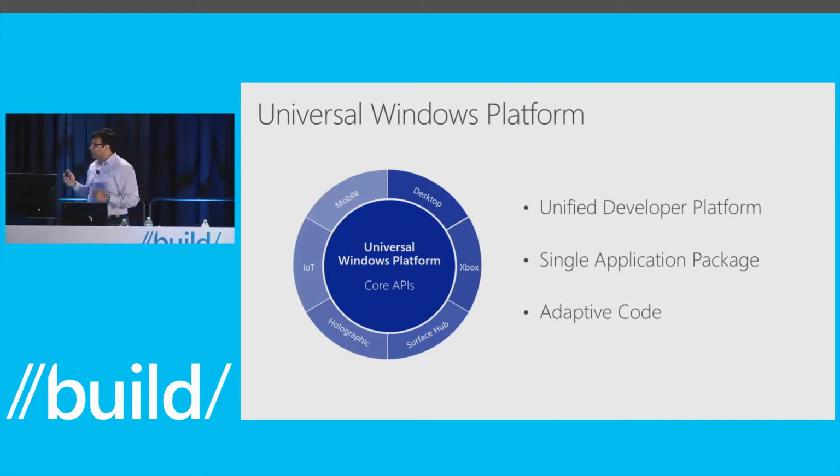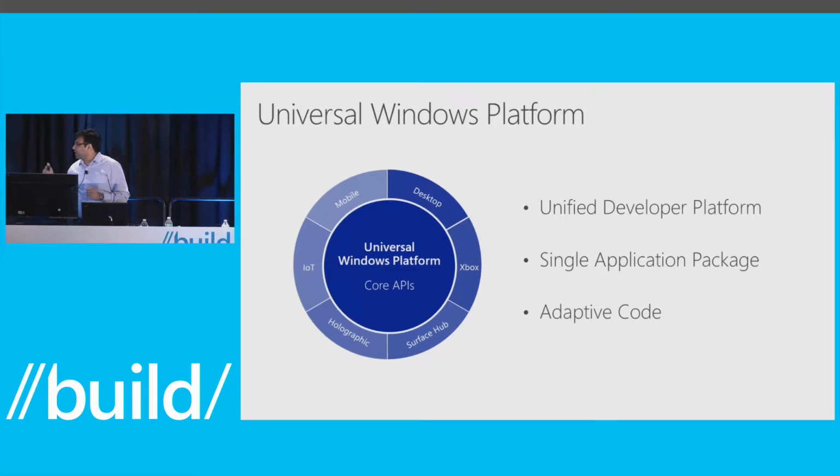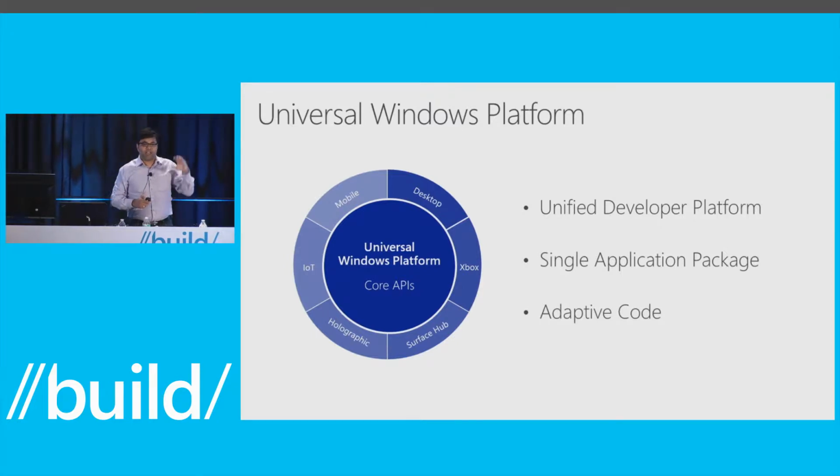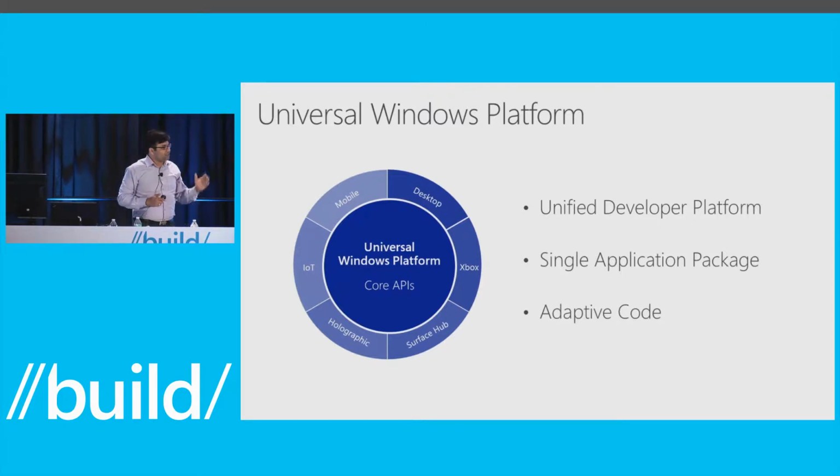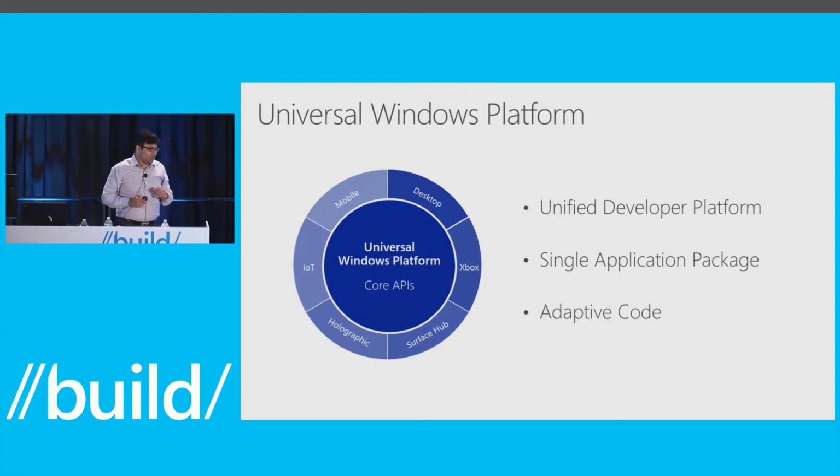Finally, if you look at the diagram there, the centerpiece is the Universal Windows Platform. Every API that exists in the Universal Windows Platform, you can use and expect it to be there on every Windows 10 device, right? So that's the convergence. But there are still some capabilities which are specific to a device family.